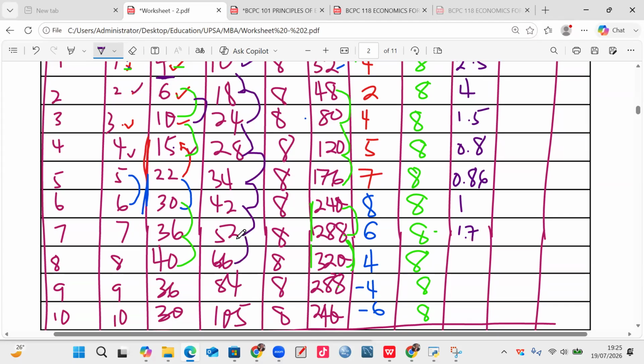66 minus 52 over 40 minus 36: 3.5. Then 84 minus 66 divided by 36 minus 40. Minus what? 4.5.